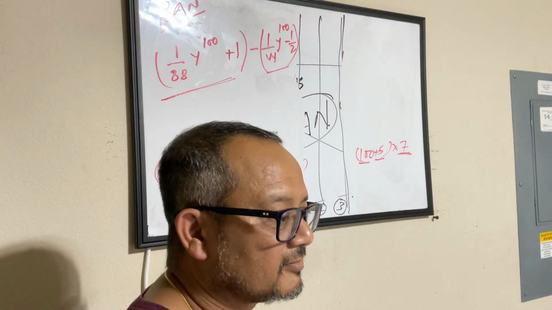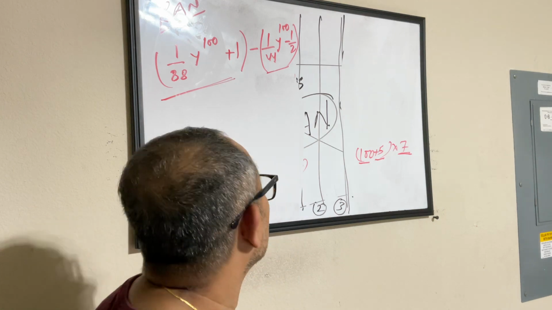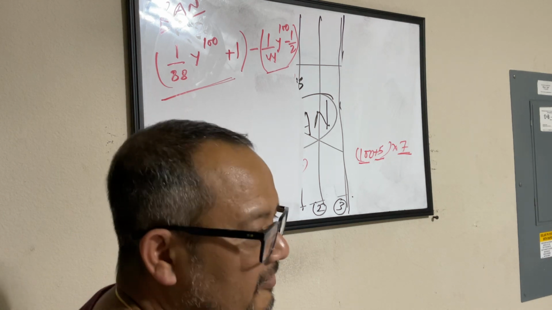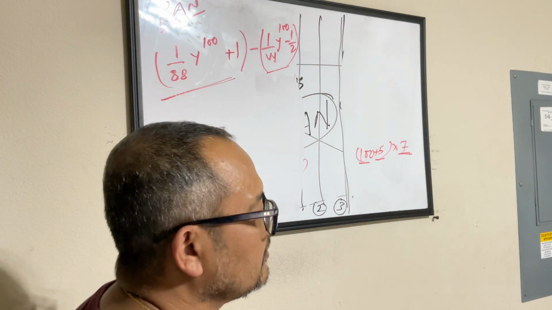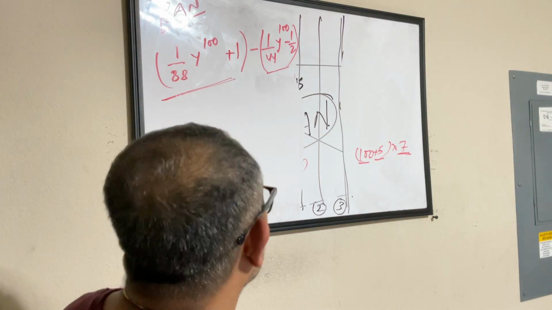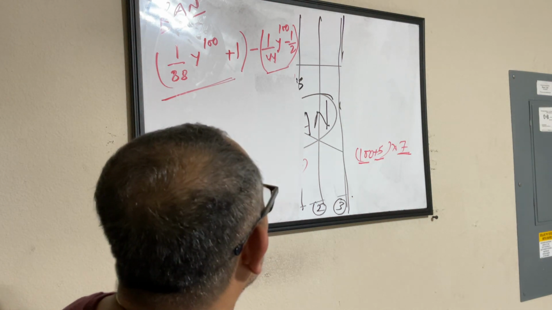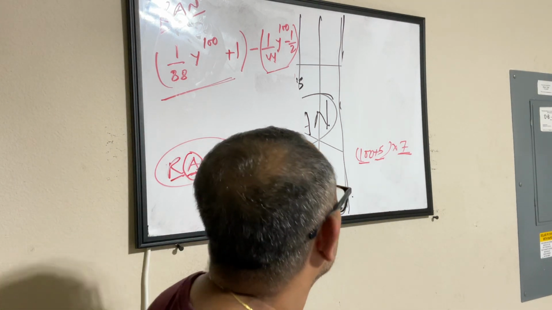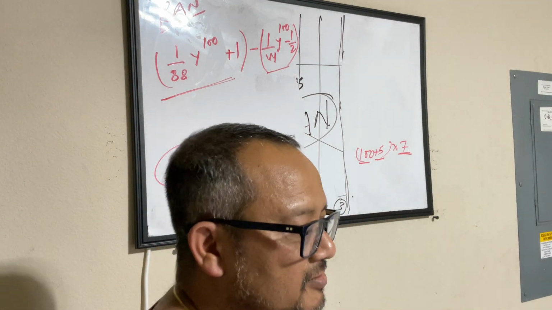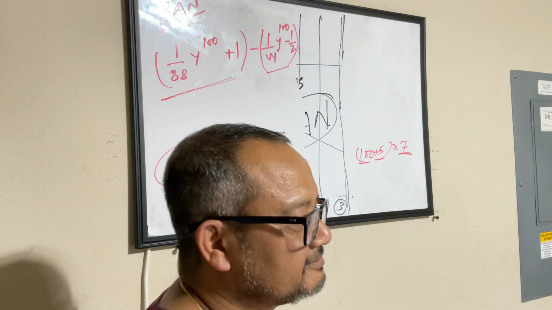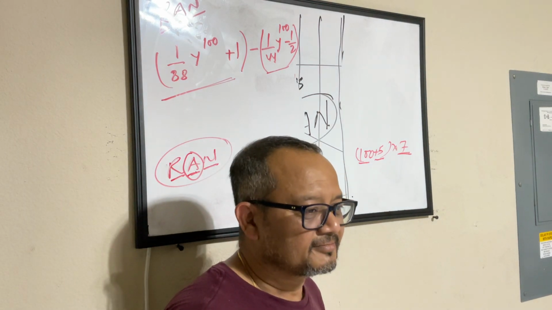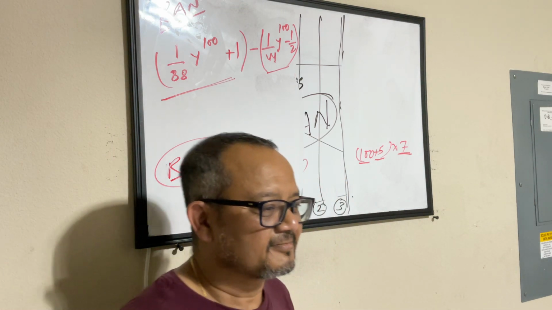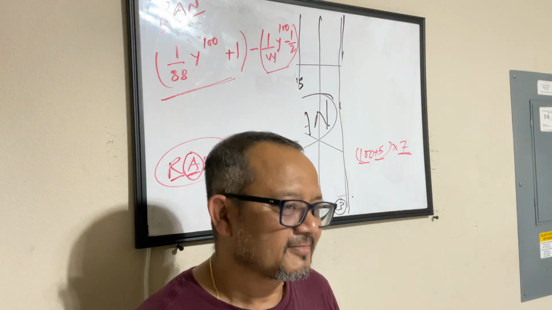So 1/44 becomes 2/88 because 44 is half of 88. So 1/88 minus 2/88 would become minus 1/88, so I got minus 1/88 y raised to the power of 100, and then plus 1/2 because of the remaining 1 and minus 1/2. So 1 minus 1/2 is 1/2. So I got negative 1/88 y^100 plus 1/2.